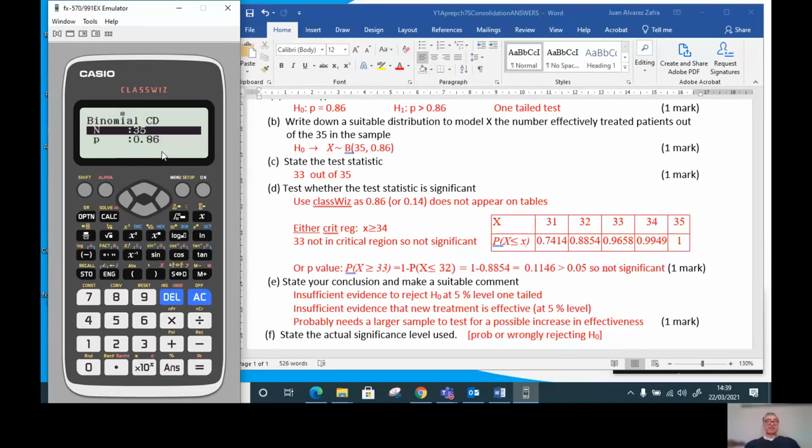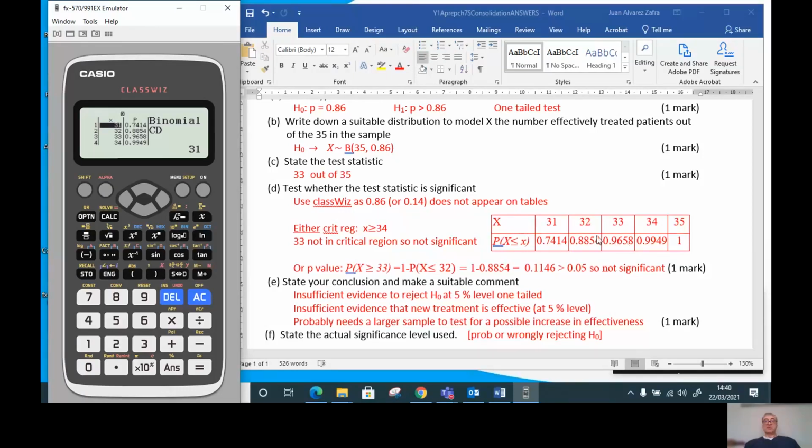So if we press enter, then we have the probability of being less than or equal to 31 is 0.7414, etc. Okay. So now looking for the critical region, we can see that the probability of having less than or equal to 33 patients effectively treated is 0.9658.